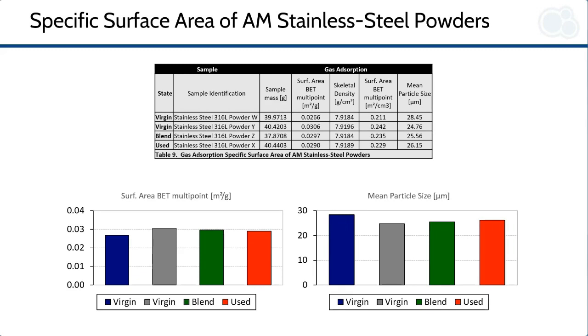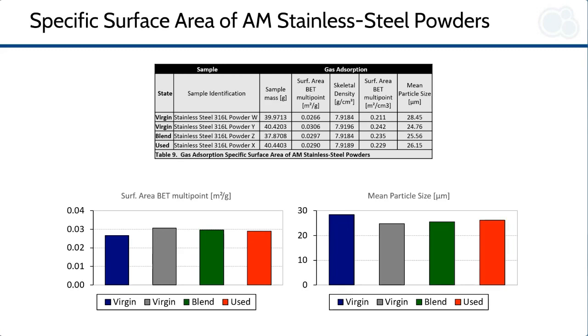Neither of these processes is likely to change appreciably the number of gas molecules that adsorb into a single layer on the surface area of a test sample of these particles. This can be seen in the data shown in the two charts, specific surface area in the chart on the left and mean particle size on the right, where there does not seem to be any trend in values with powder history.